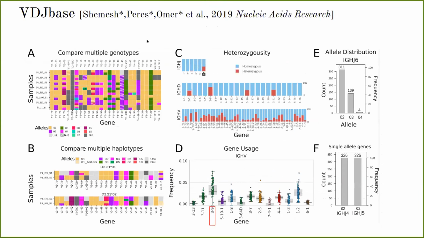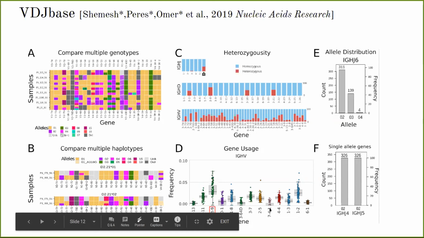And in the same way, you can compare multiple haplotypes. You can see in C heterozygosity abundance for each gene in the samples of interest. And in D, you can see gene usage. Here, each point represents an individual, and color corresponds to V family gene.